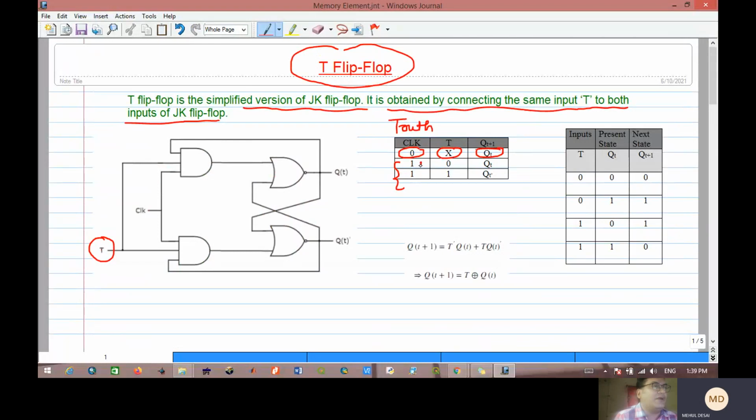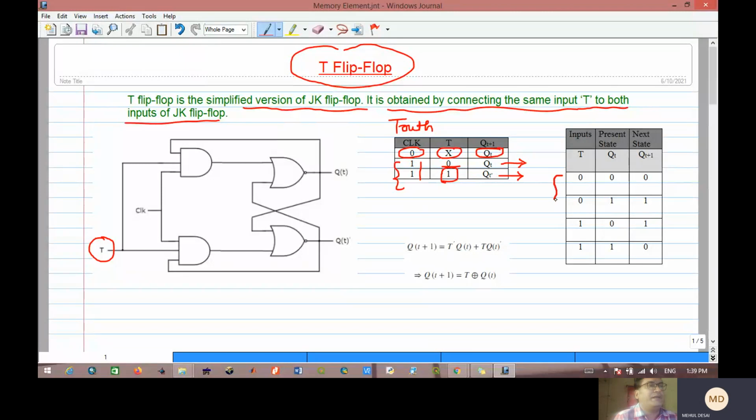But when the clock is given, if the input is 0, we get the output Qt. When the input is 1, we get the output Qt'. It means that if the previous output is 0, the next output is 1, and if the previous output is 1 and the input is 1, the output we get is 0.